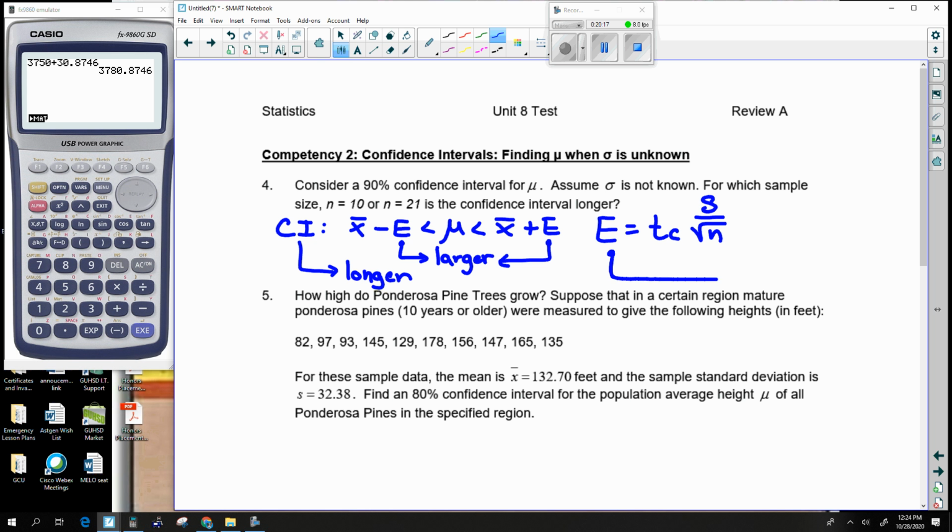If I need this answer to be larger, how does n affect that? Well, n is a division, so it's going to be opposite. If I want my answer to be larger, I have to divide by something that is smaller. Of my two options, n equal to 10 or n equal to 21, the smaller of the two is n equal to 10. That would have the smaller confidence interval.